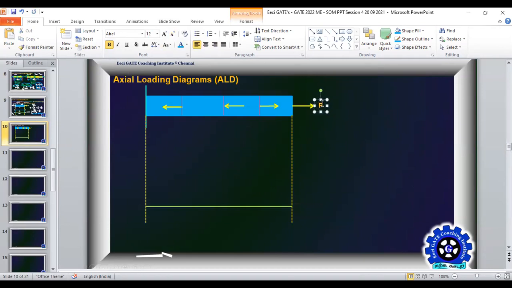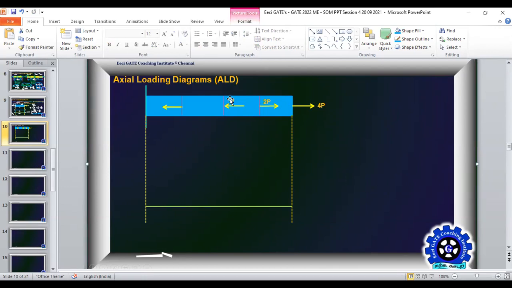Here you can take 4P. Understood? Then here you can keep 2P. And then here you can keep P actually.